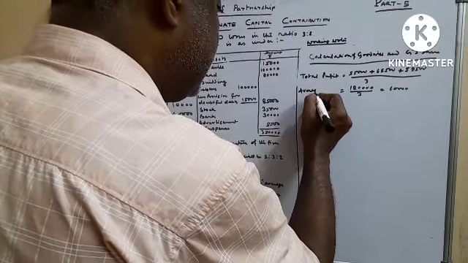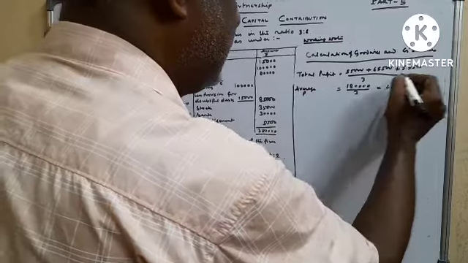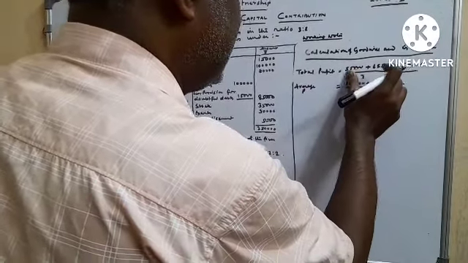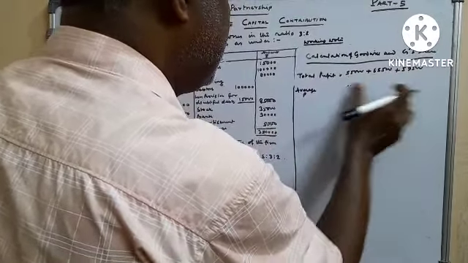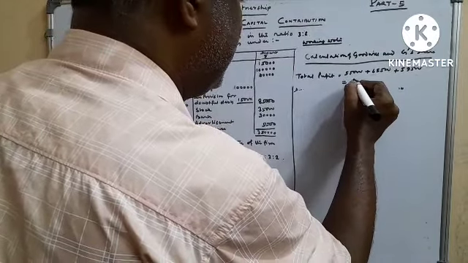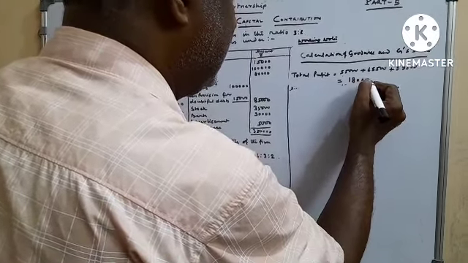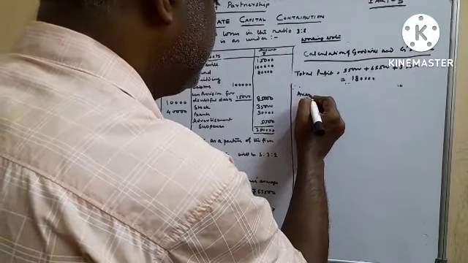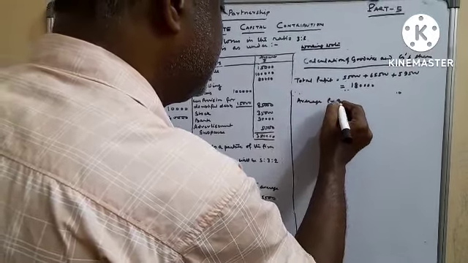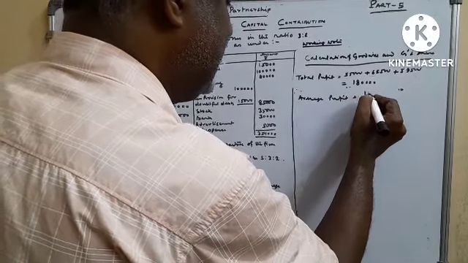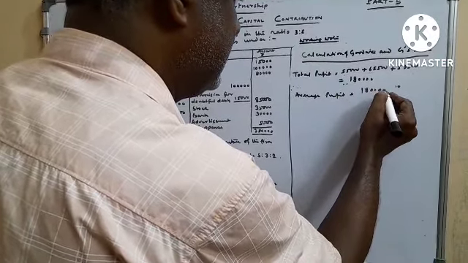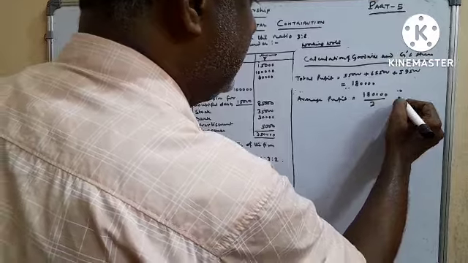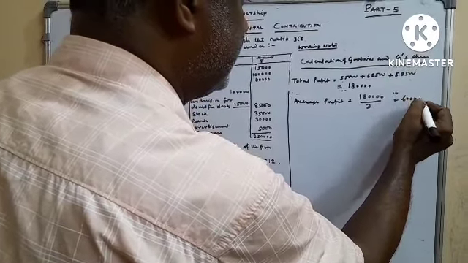Average profit, or first we should do total profit. Total profit equals how much? 1,80,000. After adding all the profit, average profit equals 1,80,000 divided by 3 equals 60,000.